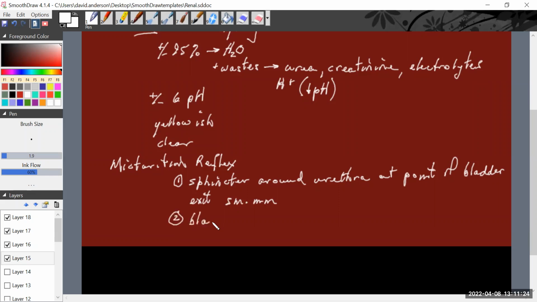And the bladder itself has a smooth muscle layer that's known as the detrusor. So we've got this muscle layer that's known as the detrusor muscle.